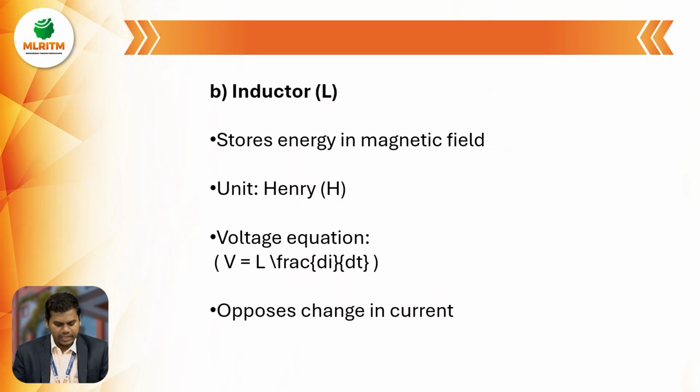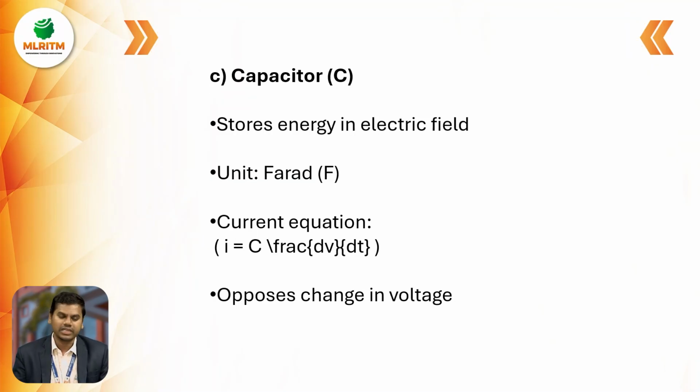Next, the inductor. It stores energy in the form of a magnetic field, and the unit is Henry. It also opposes change in current. Similarly, the capacitor stores energy in the form of an electric field.